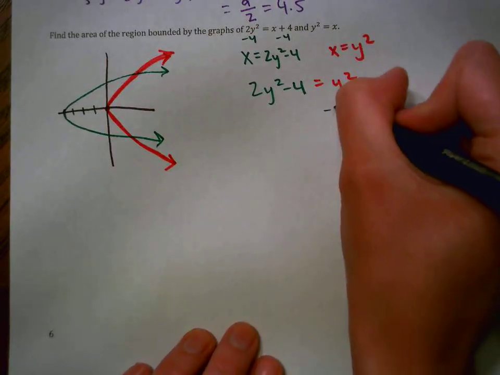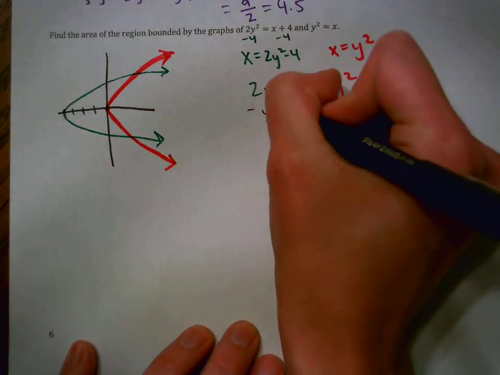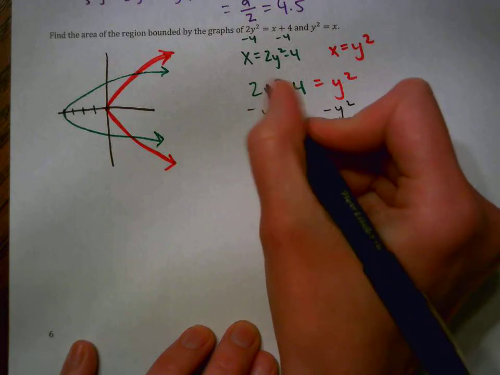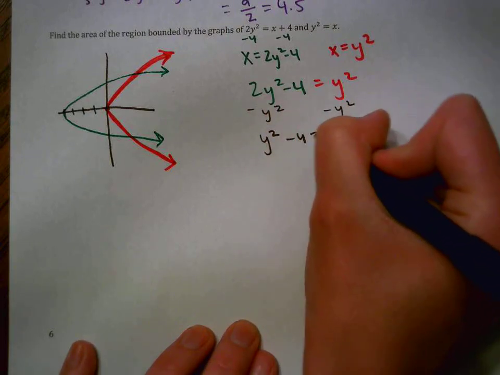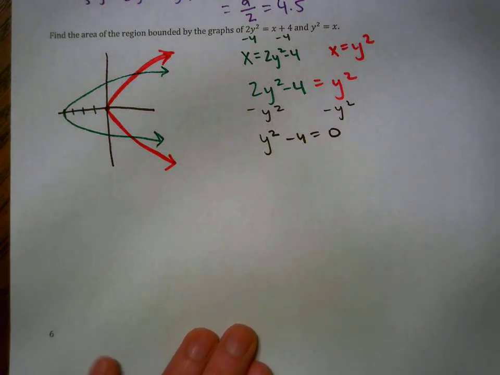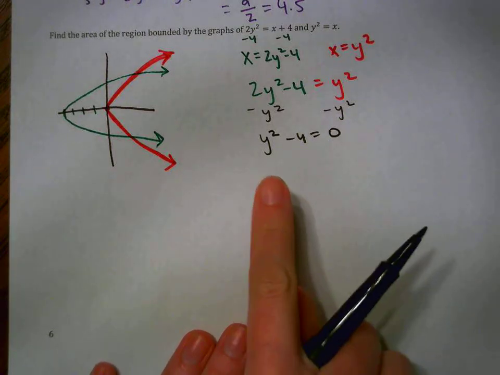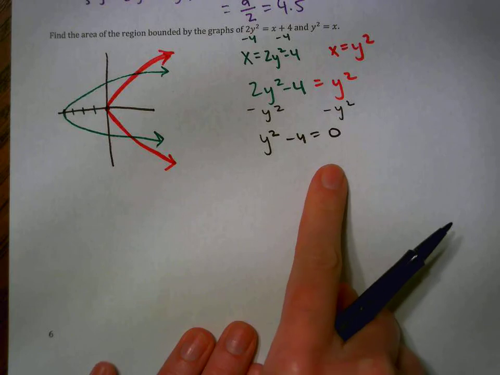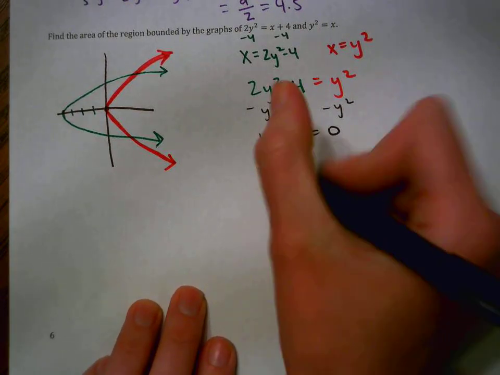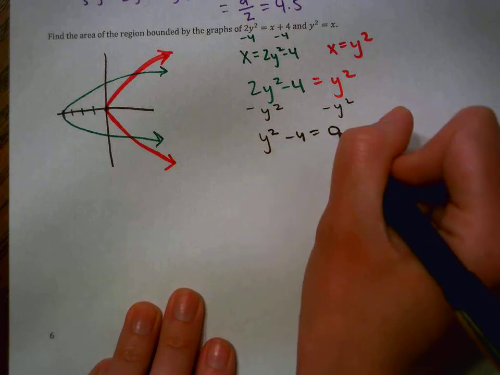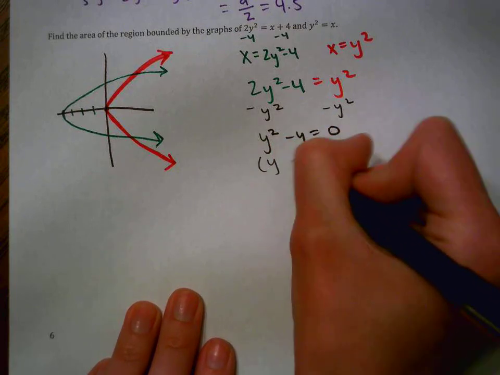If I do minus y squared, then 2y squared minus y squared is y squared, minus 4 equals 0. You could solve this different ways. You could use difference of squares, or you could move over the 4 and then square root. I like difference of squares because it makes sure you get the positive and the negative. Sometimes you'll forget the plus or minus if you do the other way.